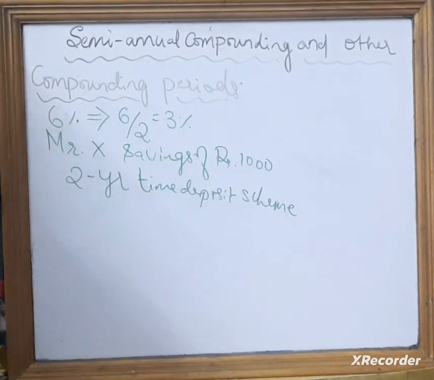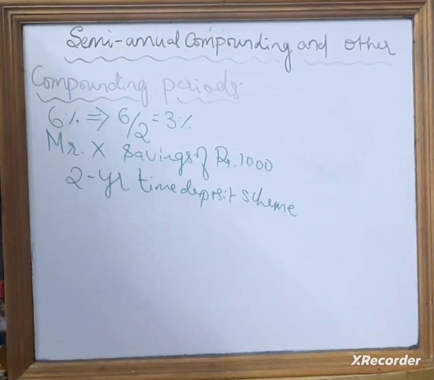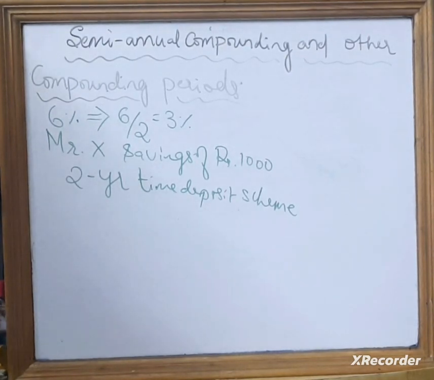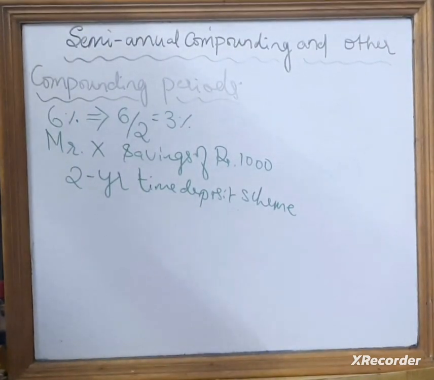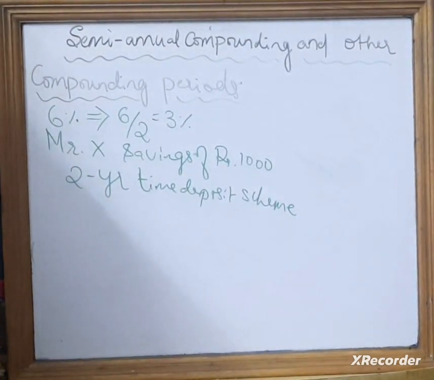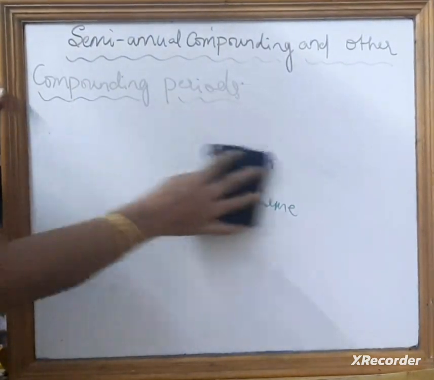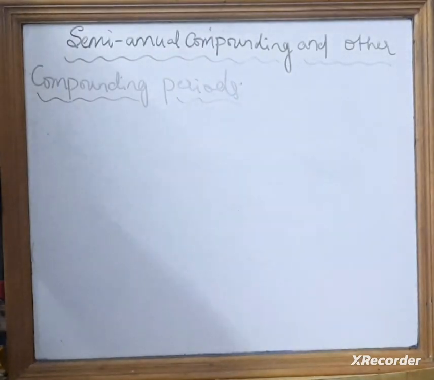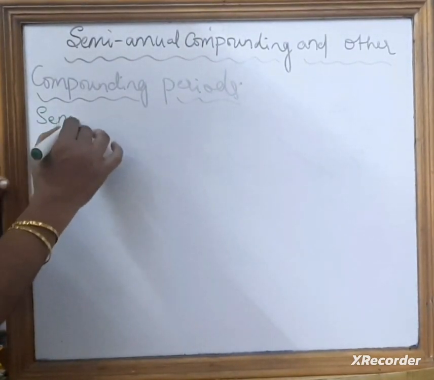Since it is a 2-year time deposit scheme, he will be paid 3% interest compounded over 4 periods, each of 6 months duration. And I will show you with the help of this table how the semi-annual compounding is done.